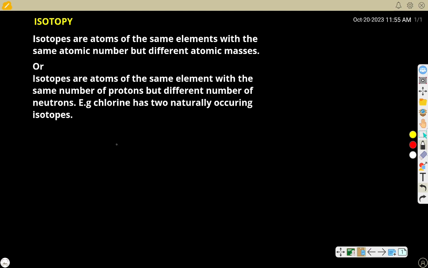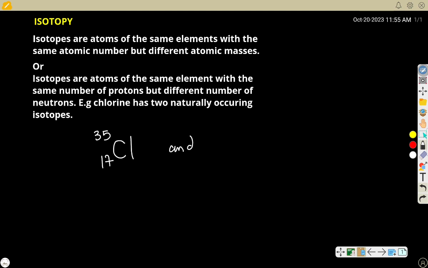Let's use chlorine again as example. So chlorine again has atomic number 17. And this atomic number, take note, is also the same thing as proton number. So that means that the number of proton is also 17. So the proton number is 17 and the atomic mass is 35.